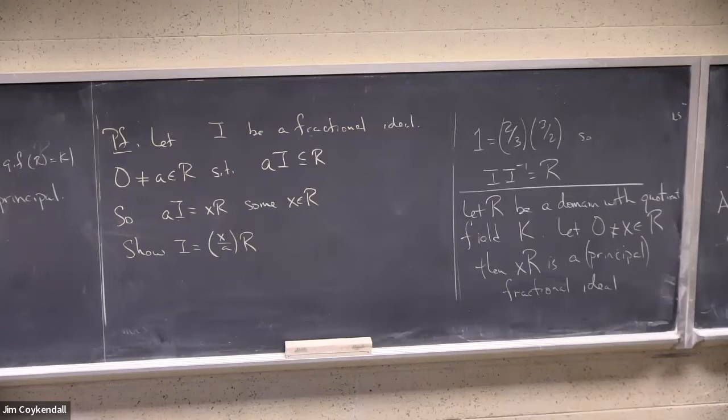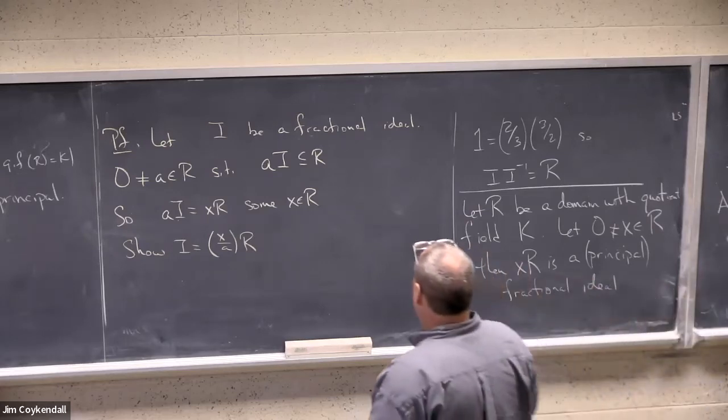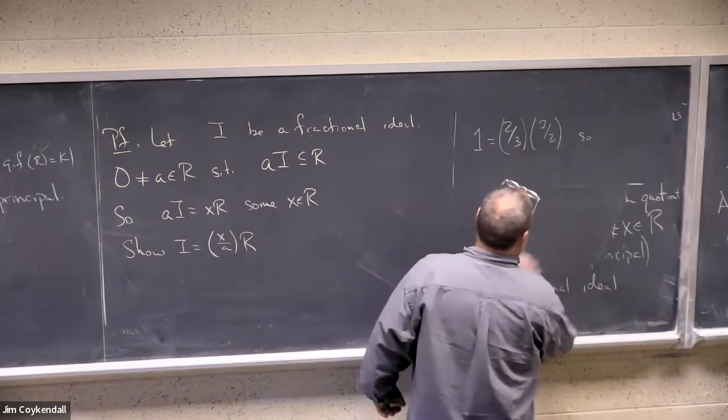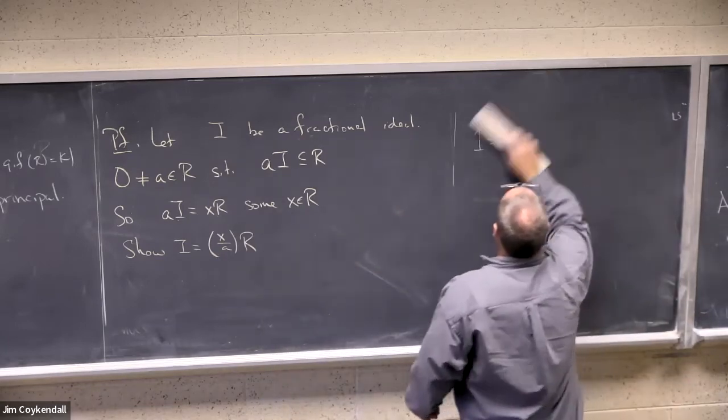Right? This is not true in general. Can you think of an integral domain, necessarily not a PID, where you have an ideal that's not invertible? I think it's good to go through this exercise here.